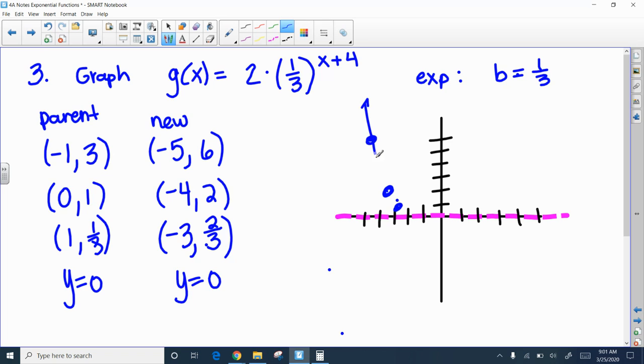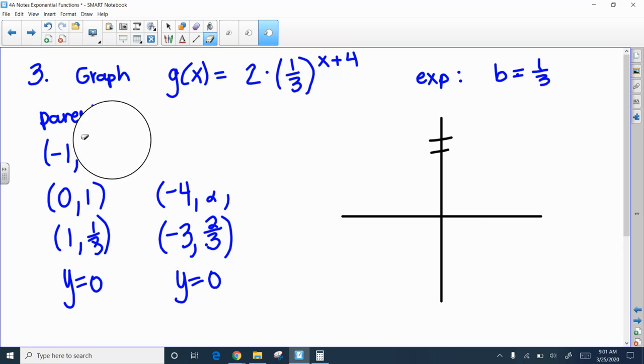So that's going to be exponential decay like that. We knew it should be exponential decay since our base was a fraction between 0 and 1. Okay, if you didn't get those points, let's go over where those are all coming from.